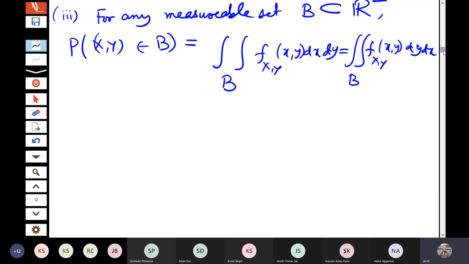As in the case of one variable, we can calculate the marginal distributions and we can define the conditional distributions.